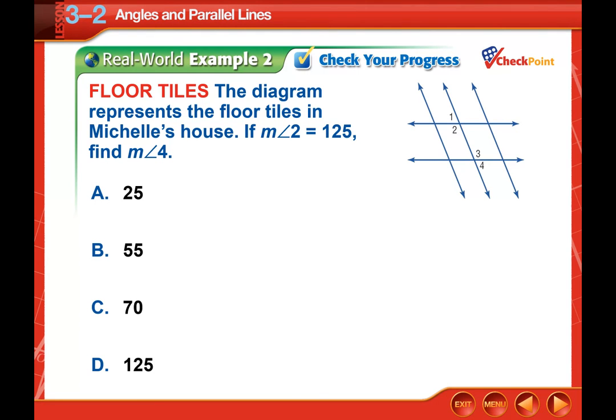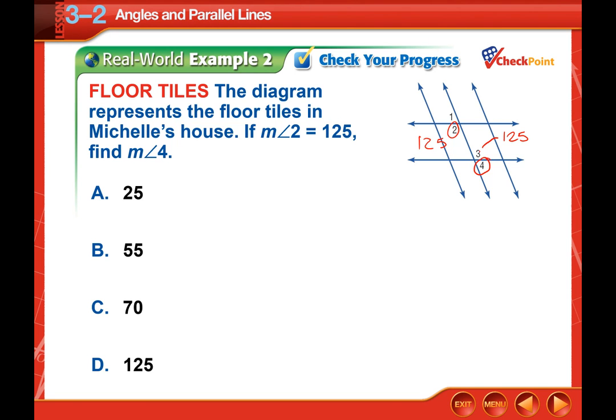Okay, once again, we have this diagram of floor tiles. The measure of angle 2 is still 125. We need to determine the measure of angle 4. Well, we had just proven in our last slide that angle 3 was an alternate interior angle with 2. It was congruent to 2, so angle 3 also had a measure of 125.